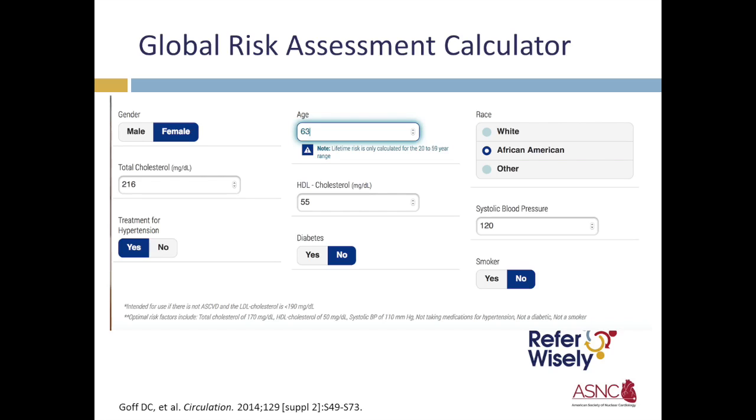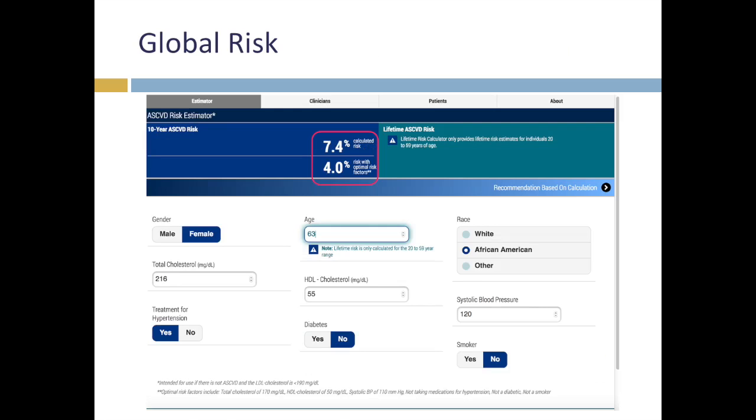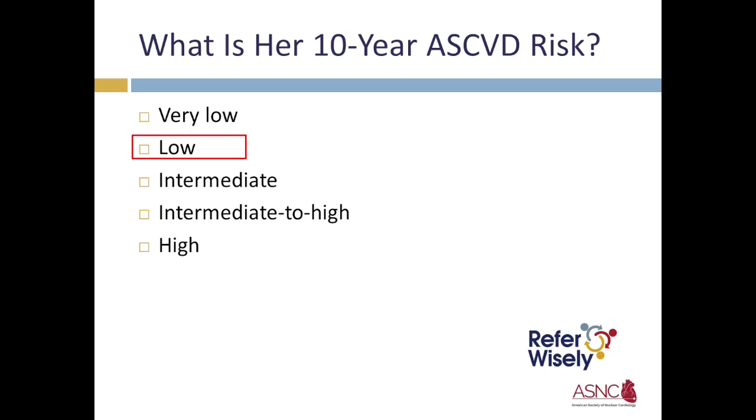You enter the sex, the age, the race, the total cholesterol, the HDL, the systolic blood pressure, whether or not the patient's on medications for hypertension, whether or not they're diabetic, and whether they are a smoker or not. Based on the above, we come up with, for this patient, a 10-year estimated risk of 7.4%. Based on this assessment, she would be categorized still as low risk.